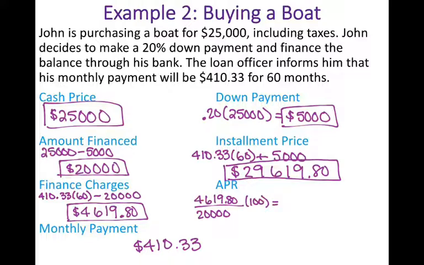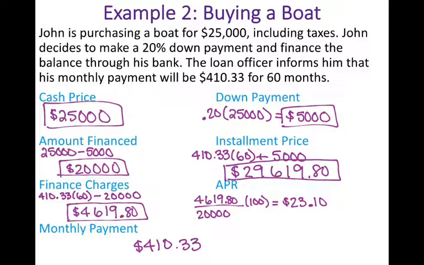So I have 4,619.80 divided by 20,000, and that gives us 23 cents. Oh, I forgot to multiply it by 100. Okay, so that gives us $23.10. Now keep in mind that $23.10 is going to be the finance charge for every $100 being financed.